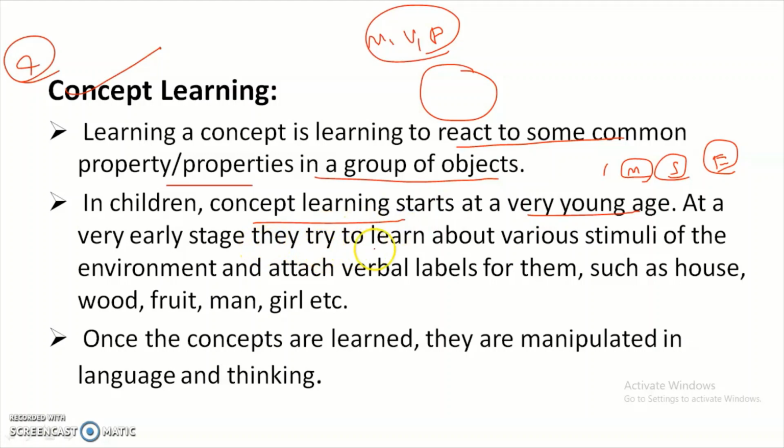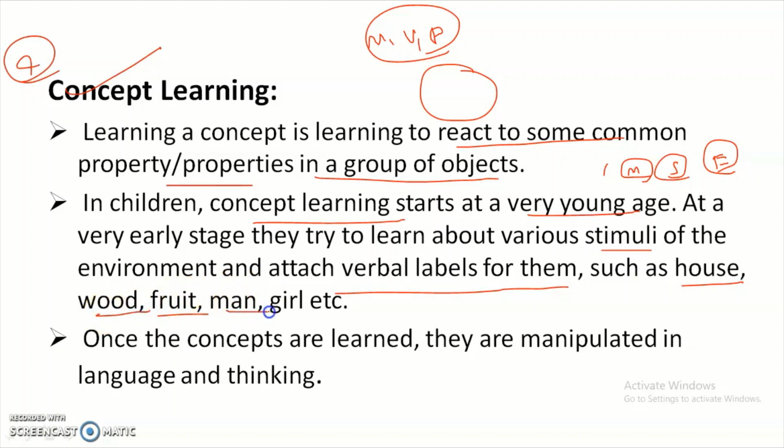At a very early stage, they try to learn about various situations of the environment and attach verbal labels to them, just like house. If they see a fruit, they will say it's a fruit. If they learned it clearly, they will be able to discriminate which type of fruit it is.